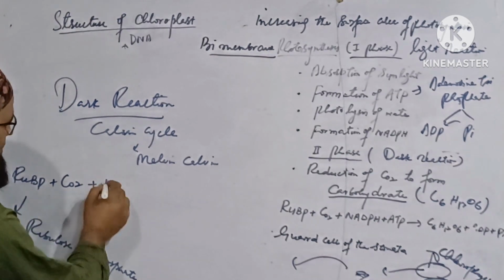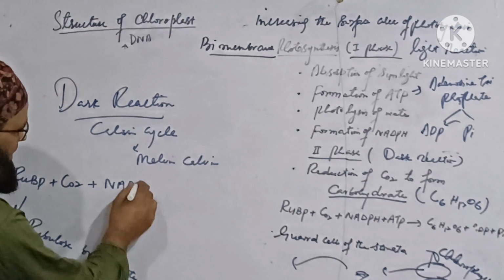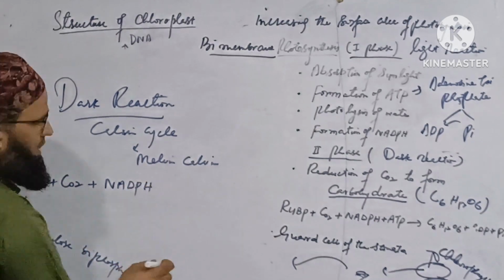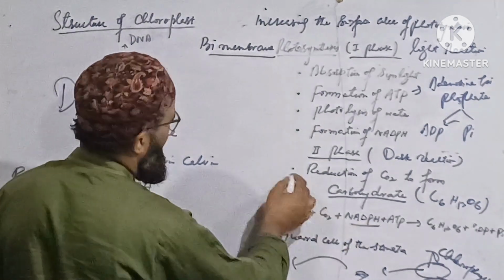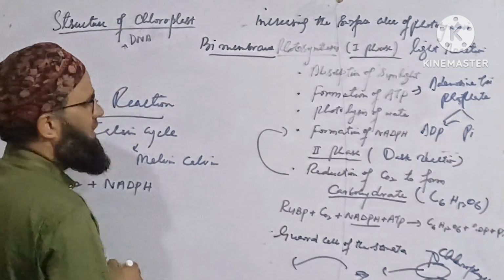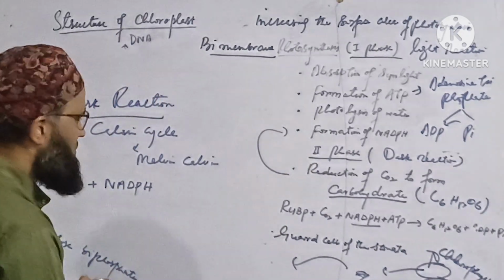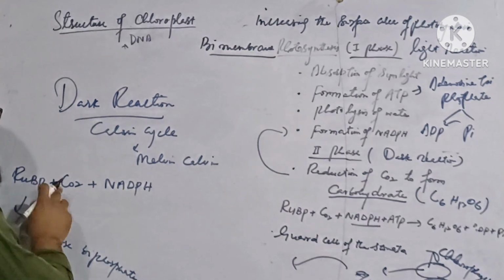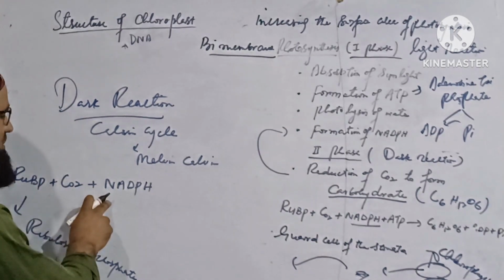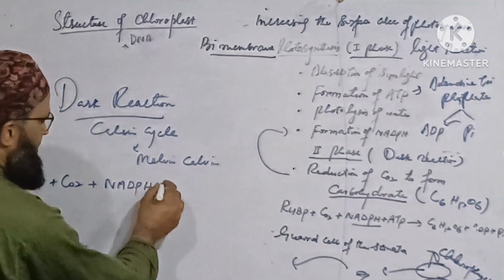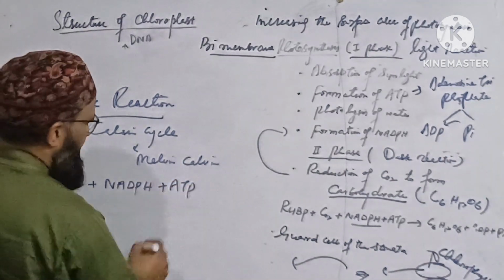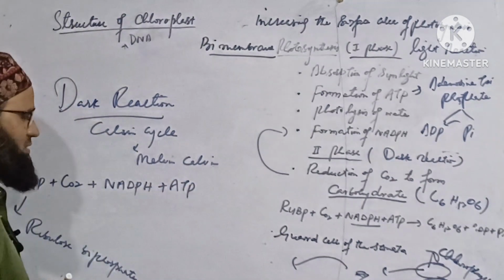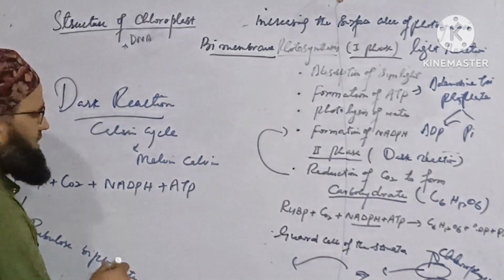But it takes place only in the presence of NADPH. NADPH is already formed in the fourth step of the first phase of the photosynthesis. So ribulose bisphosphate plus carbon dioxide, then there is NADPH as an assimilatory power. Another assimilatory power is used here, that is the ATP.